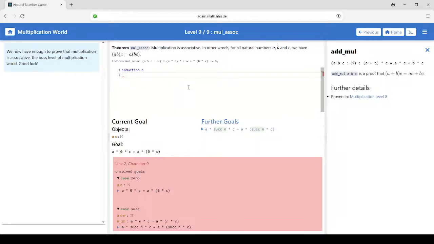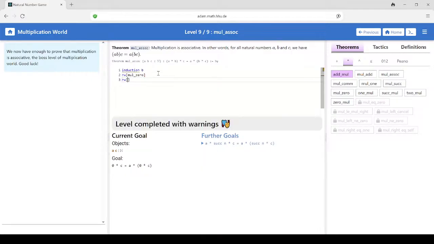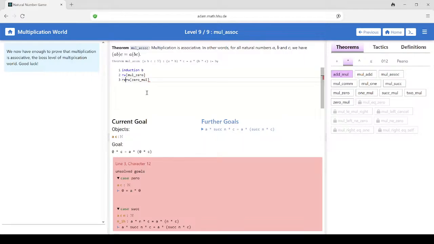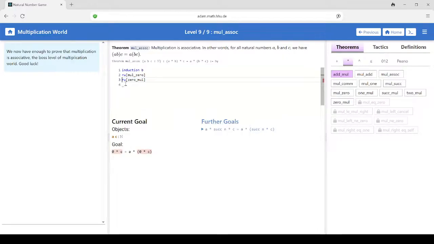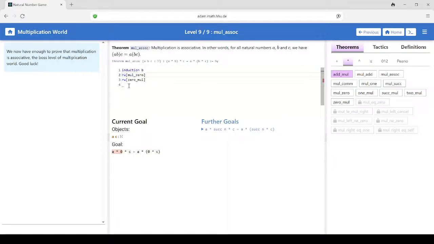So we're just going to use, whoops, that didn't do it. Okay, whoops.